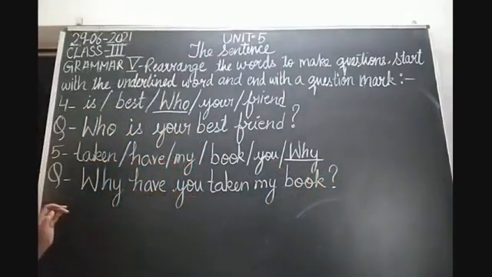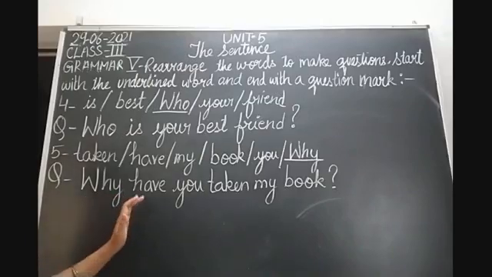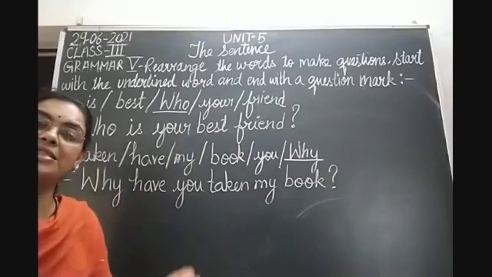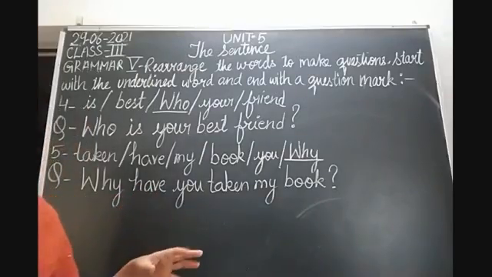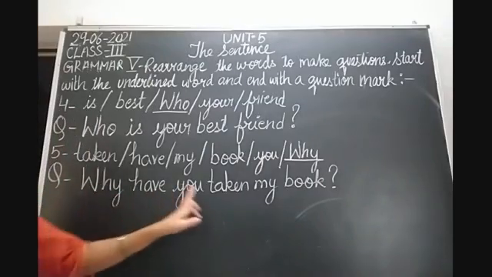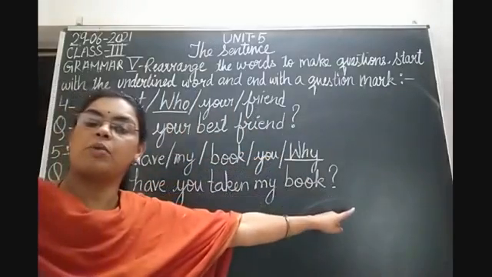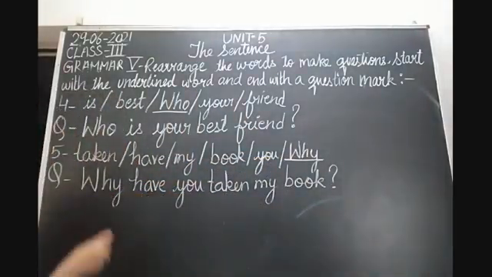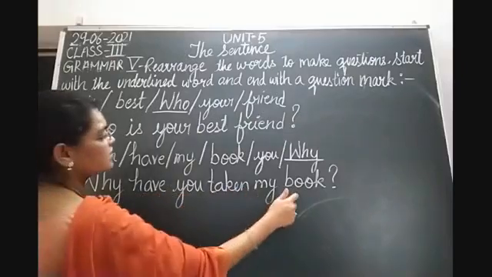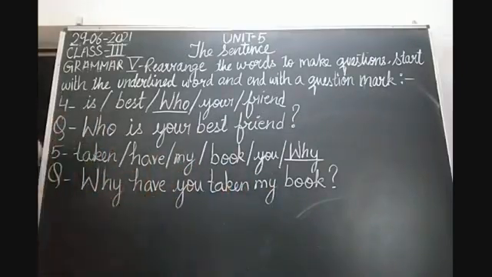We have to arrange in this order so that the question, which is a type of sentence, conveys a sense. Meaning should come out. So why have you taken my book? This is a question. We have begun our question with a capital letter. We have put a question mark at the end. Then we need to count the words. 1, 2, 3, 4, 5, 6. There were 6 above, and there are 6 below. Clear?